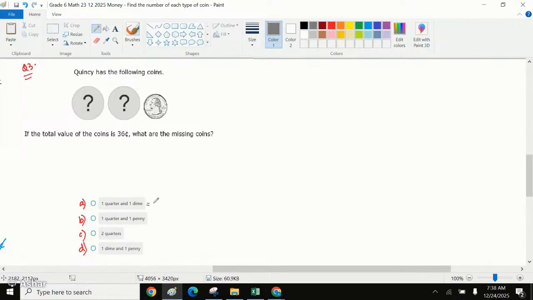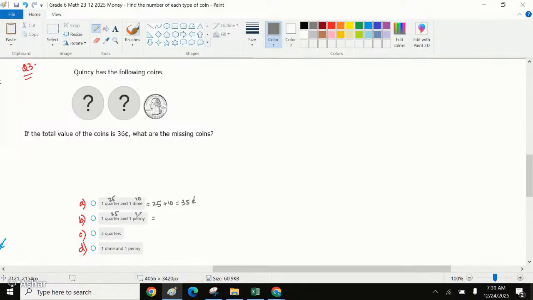That means 1/4 is 25 cents, and 1 dime was 10 plus 10. That would be 35 cents, right? This is possible if the missing coin is a penny. 1/4, and the next one is 1/4, 1 penny.